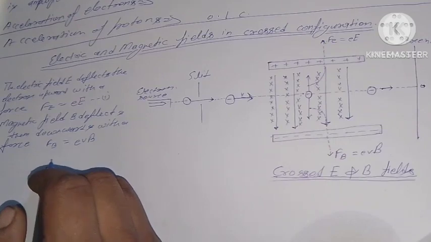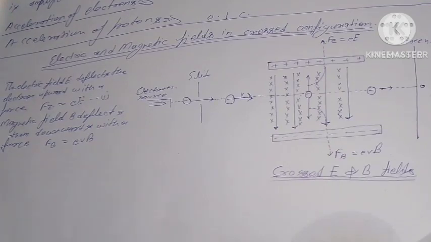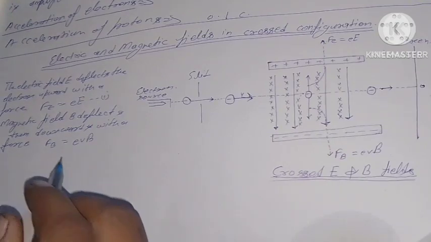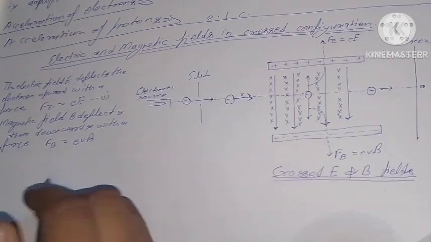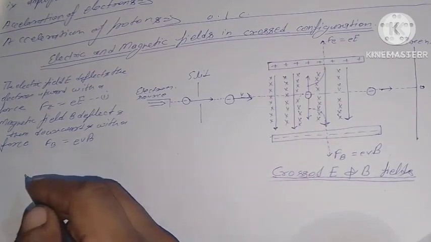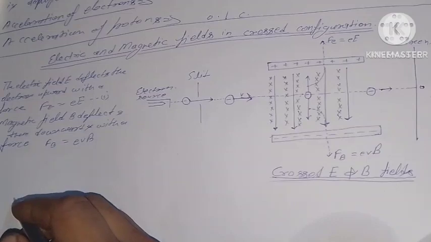If the magnitudes of these two fields are adjusted such that the forces acting on the electrons are equal, then the electrons will not experience any net force under this condition.